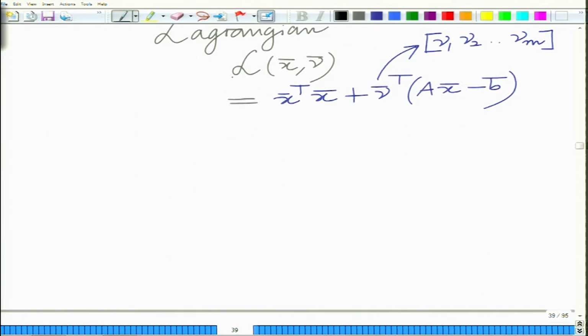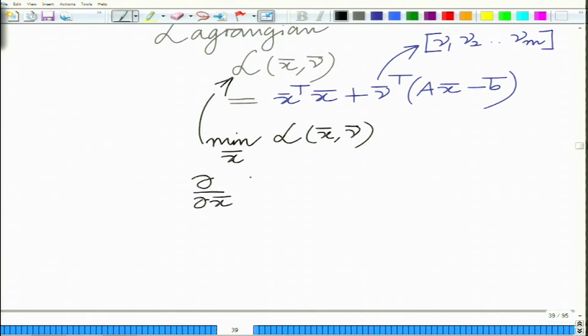Now we find the minimum. In the first step, find the minimum of the Lagrangian with respect to x bar. So which means we have to compute the partial derivative with respect to x bar and set it equal to 0.